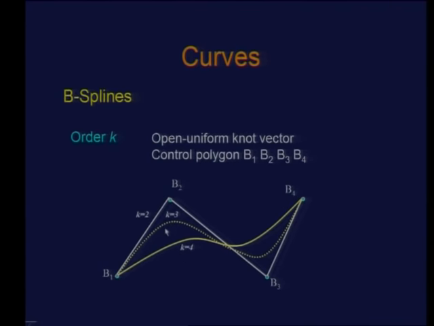The curve looks like this. In some ways it is a combination of two quadratic curves, one passing from here and the other passing from there. And if k is equal to 2, that means degree equals 1, then the B spline is nothing but the polygon itself.